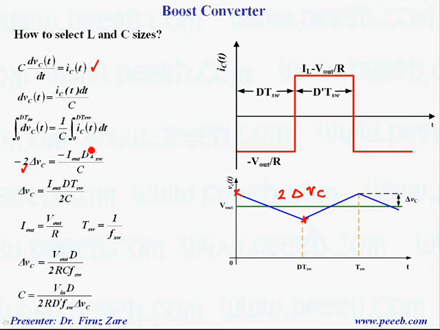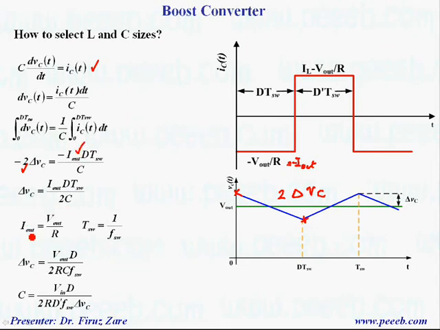It's also the same for this current. We know that the load current is V out over R, so that's why in this case the current is negative. So we can also write minus I out, which is basically written here.